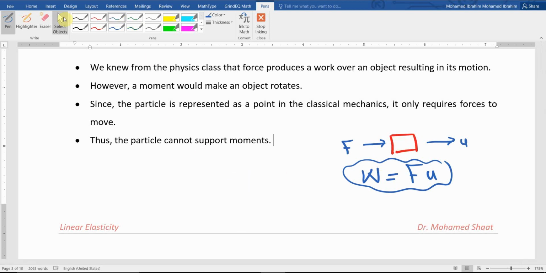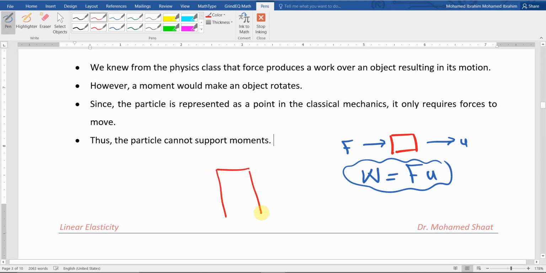But how about if we do have another object, with another shape, or another but a little bit bigger box, and somehow we decided to push this box from a point here, from the tip over the ground.